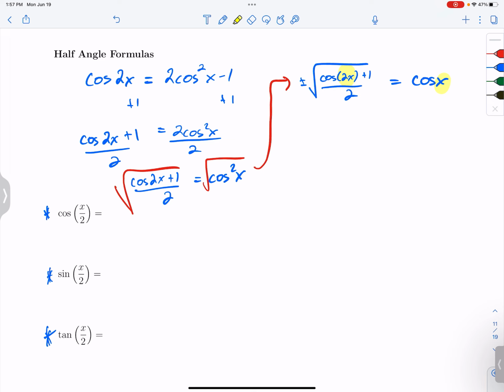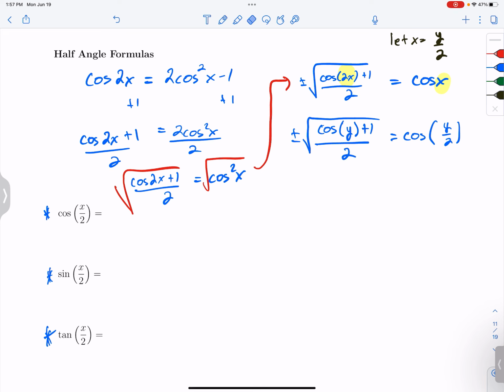So I'm going to do a substitution. We're going to say let x equal y over 2. On the right-hand side we're going to have cosine of y over 2. And plus or minus the square root of cosine of 2 times x. Well, if x is y over 2, that's just going to be y here.